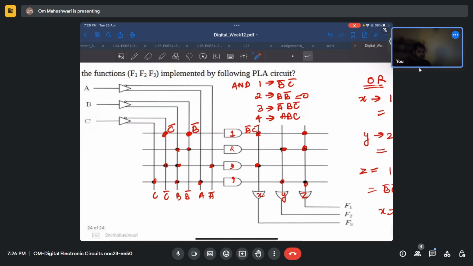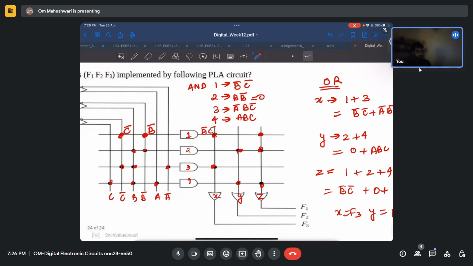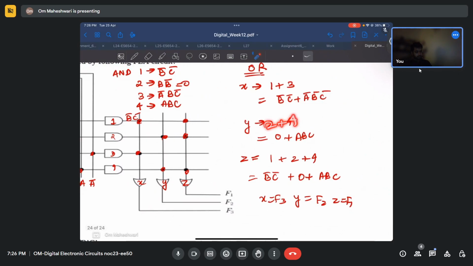Similarly here, these are the outputs of the 4 AND gates. Now these outputs of the 4 AND gates are connected to OR gates. So let's say in OR gate Y, we have the output of second and fourth. Second was B bar, fourth was ABC. So second and fourth are ORed. That is why we get 2 plus 4. Second is B bar, that is 0.